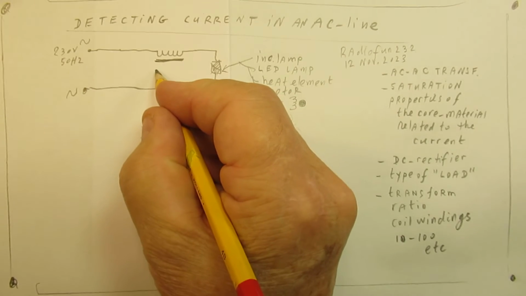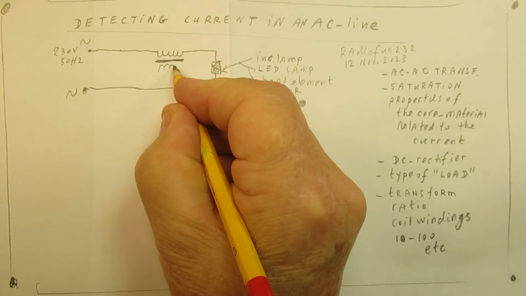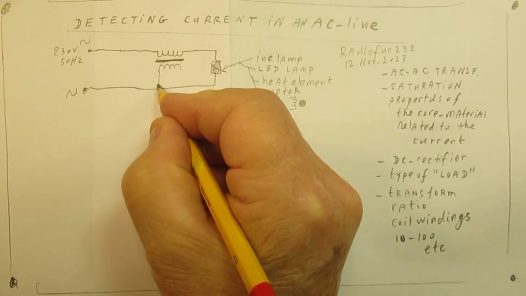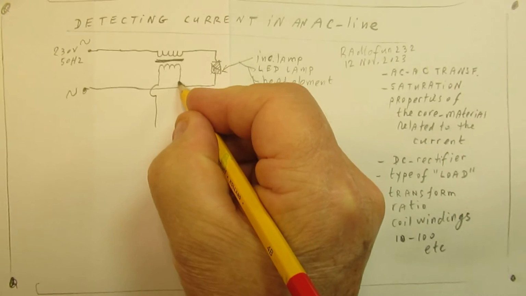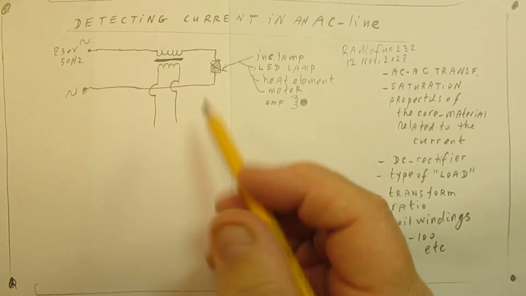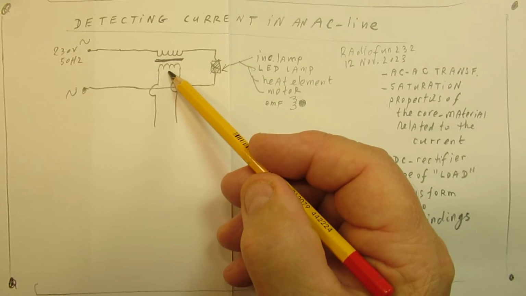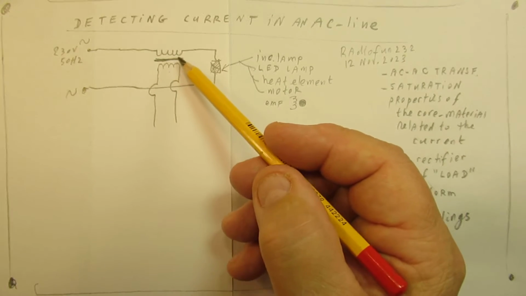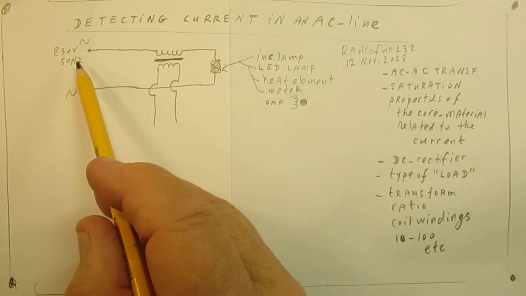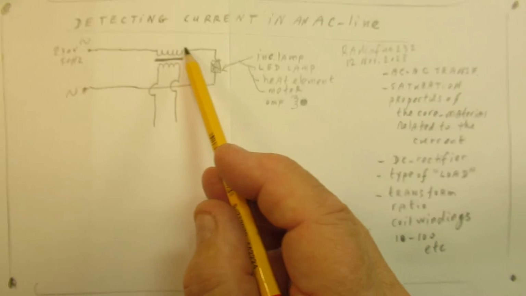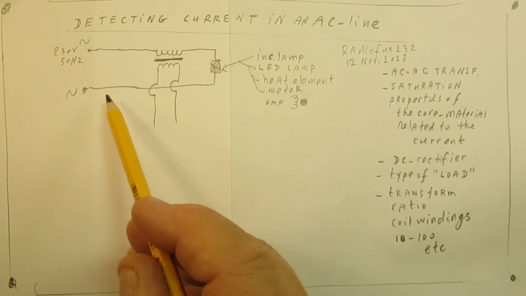Anyway, there is of course in that coil a certain relation between the windings here and the windings here. That's important because we want to measure quite high currents.